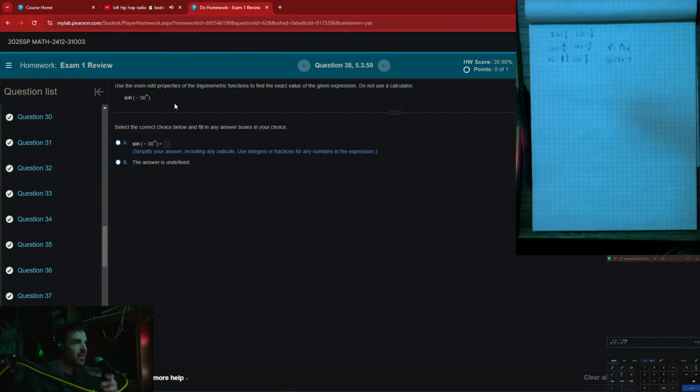Use the even-odd properties of the trigonometric functions to find the exact value of the given expression. Do not use a calculator. Okay.